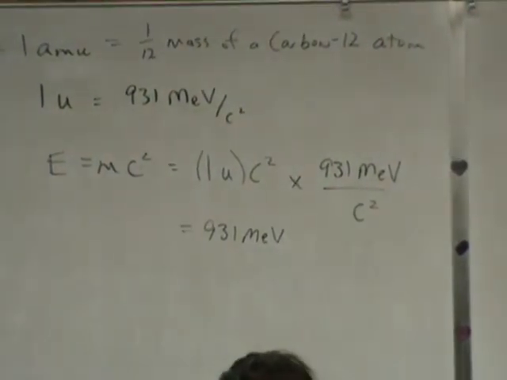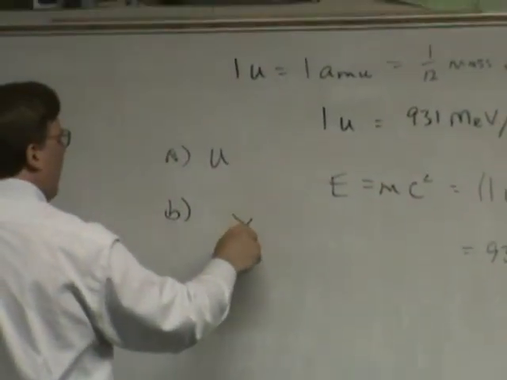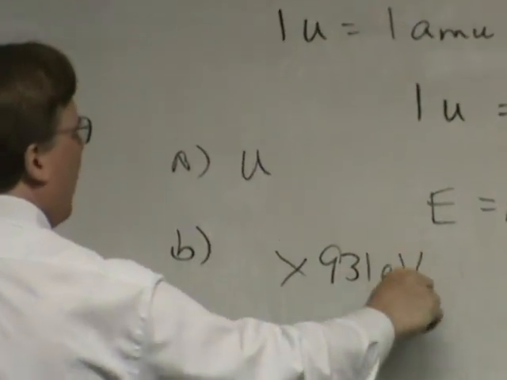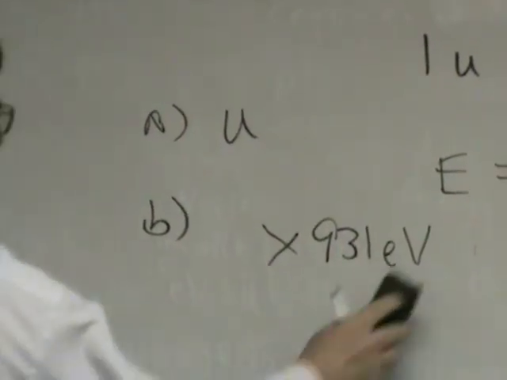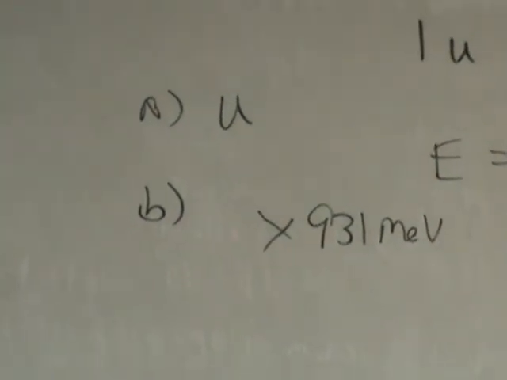So go ahead and do part A and B now, using atomic mass units for part A, and then for part B, just multiply by 931 mega electron volts, which is millions. Please do that now.